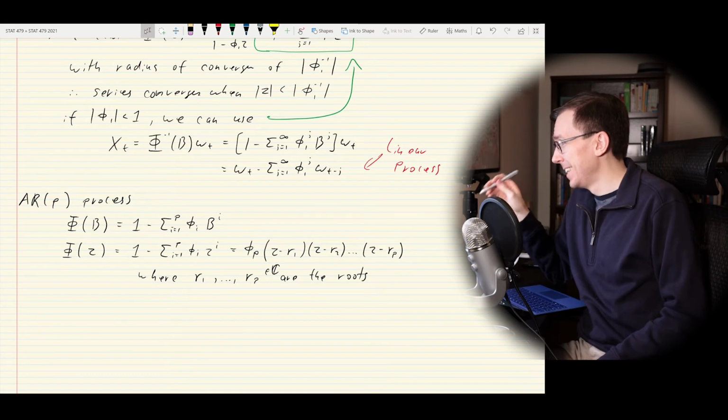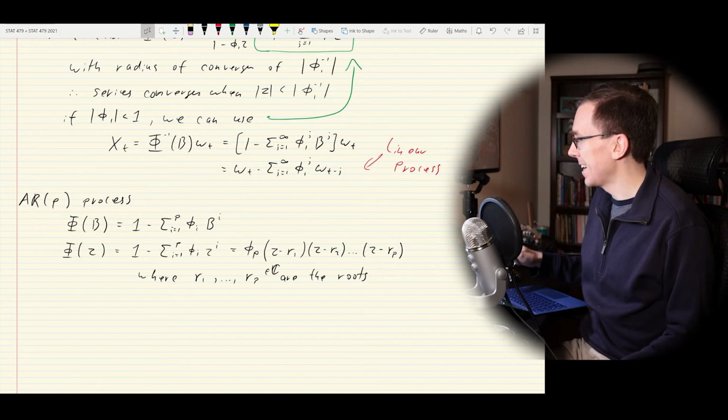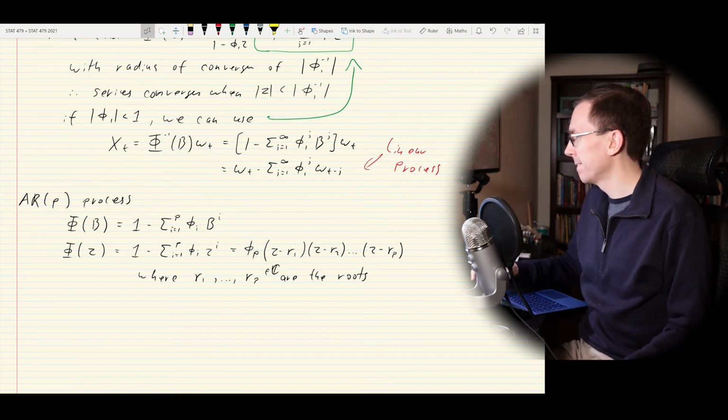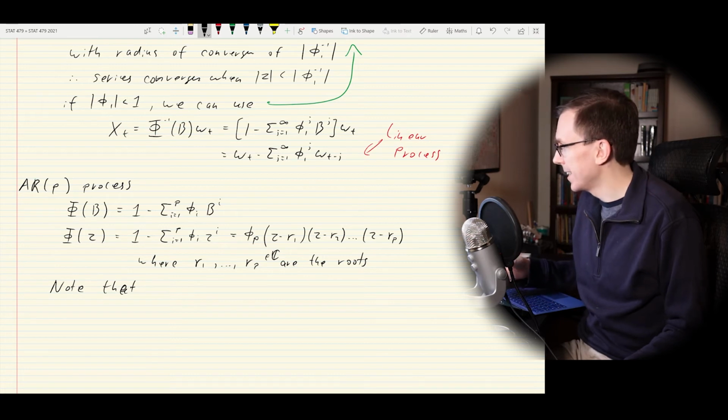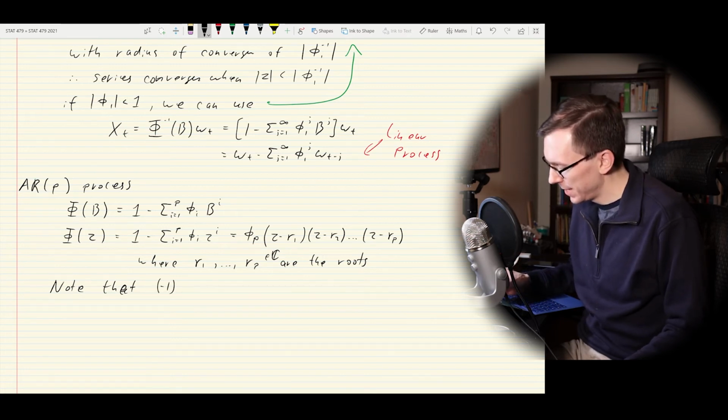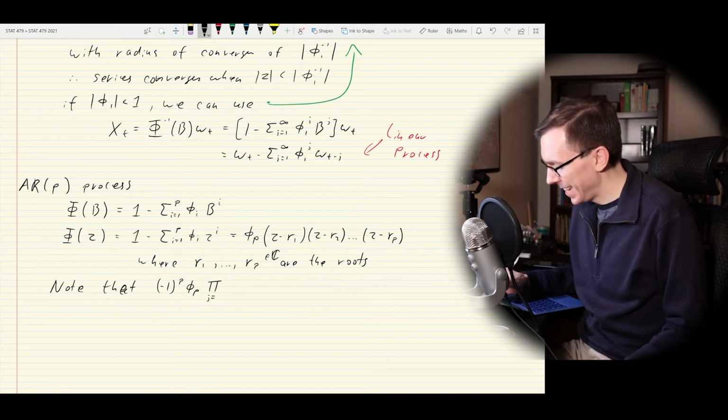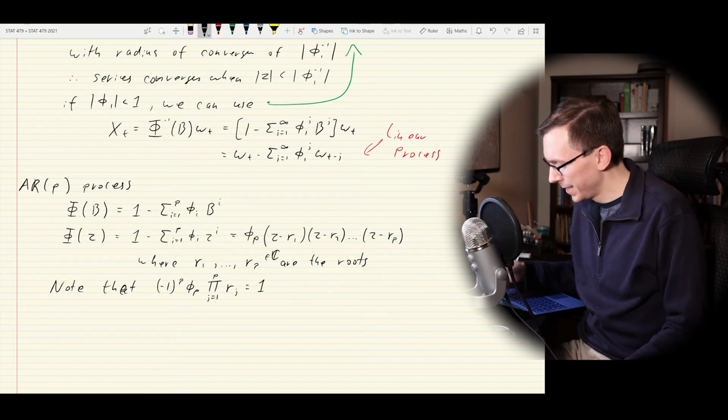All right, so we're almost there now. What we first want to say is note that minus 1 to the p times phi p times the product j from 1 to p of r_j is going to be 1.